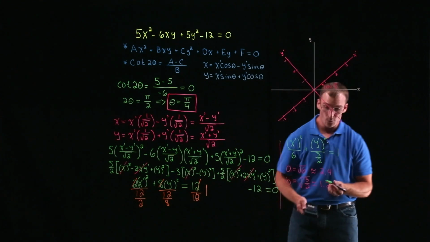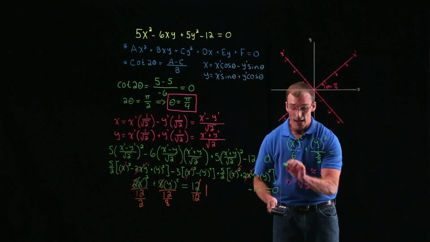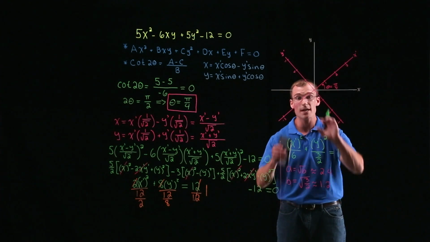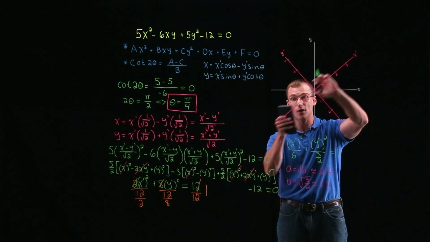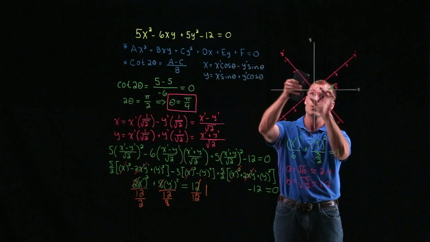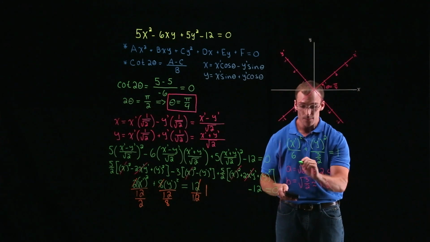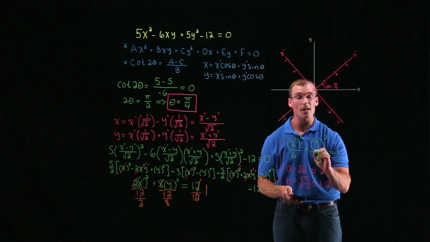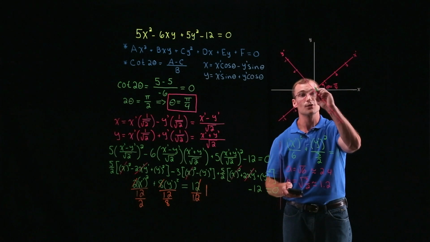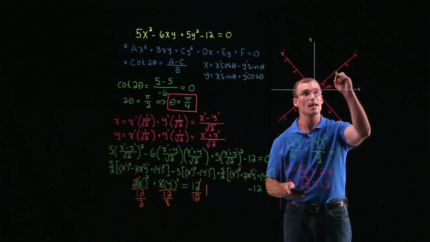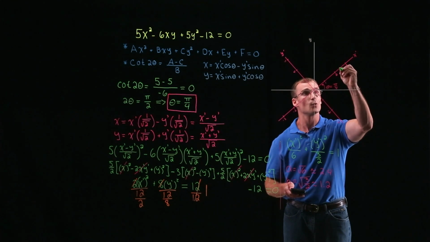Okay, so putting this all together, the a is underneath the x prime, so our major axis is going to go along the x prime axis, and our minor axis would be on the y prime axis. So a, being the distance from the center out to the vertices, our center at the origin, we're going to go out on the x prime axis approximately 2.4.